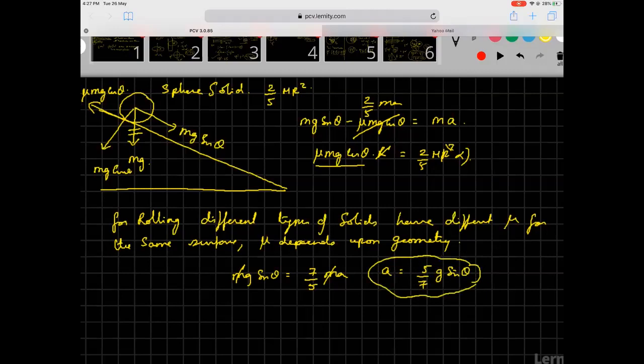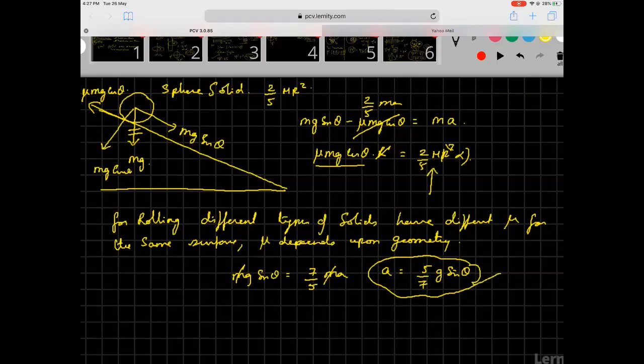Okay, so please understand this. Now different solids will have different moments of inertia.